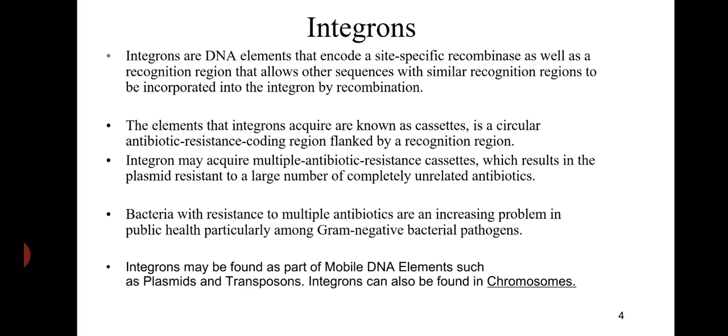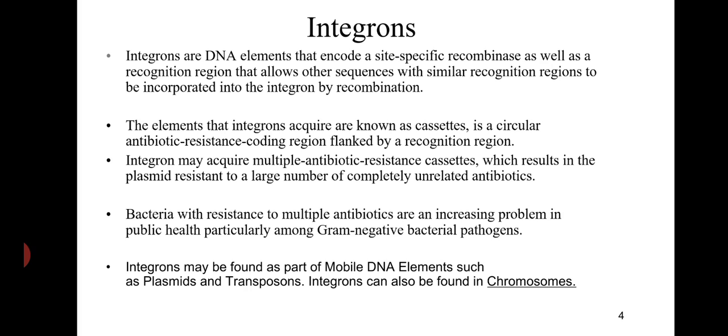The elements that integrons acquire are known as cassettes. A gene cassette is a circular antibiotic resistance coding region flanked by the recognition region.